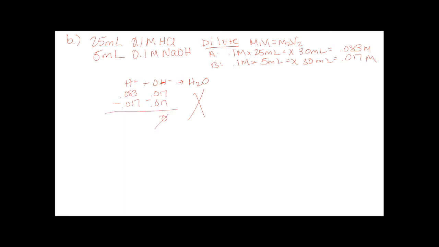I run out of OH-, and I find my new concentration of H+ because I've used some. And this is 0.066 molar, because I've used some of my 0.083 to make water. So now that's my H+ concentration. So I take the negative log of 0.066 and I get 1.18. So the pH has gone up a little bit because I added base. And we're just going to keep doing this.